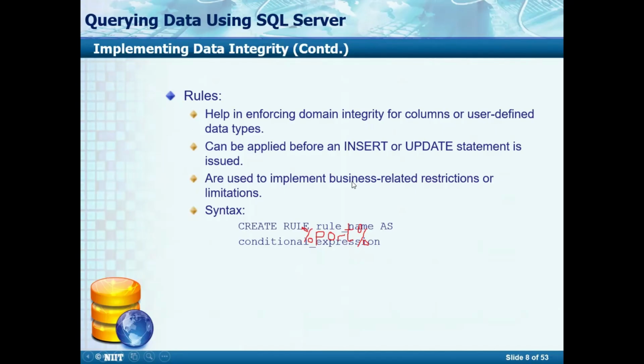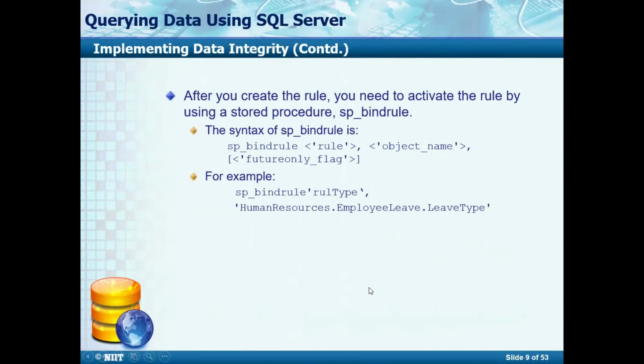They are used to implement business-related restrictions or limitations. Now, this is how to create a rule. We use CREATE RULE, then we mention the rule name AS, then we put the conditional expression that is going to be the basis for the rule. Something like this.